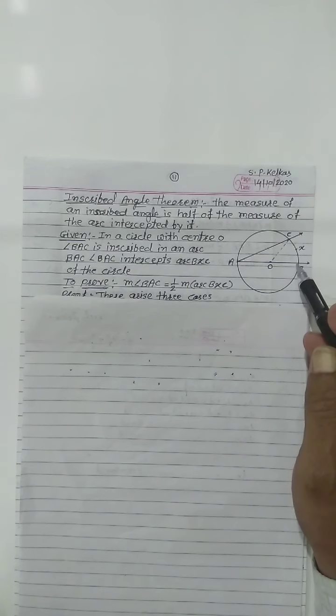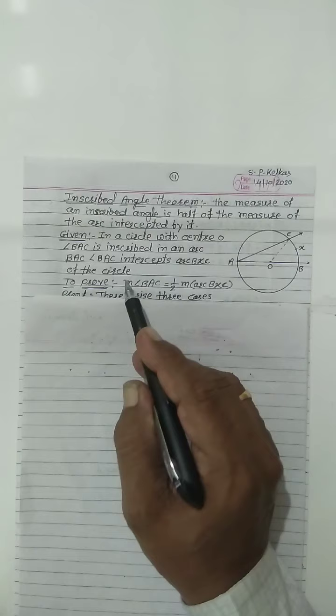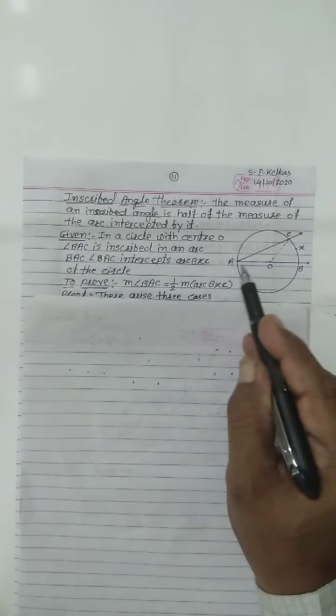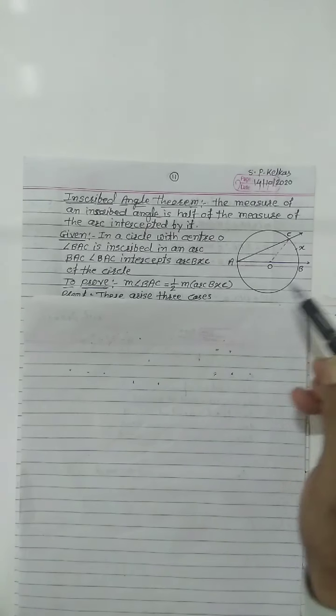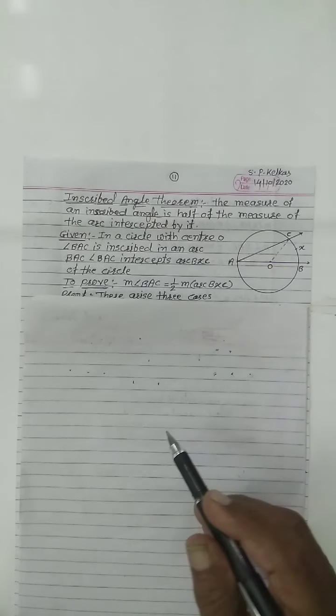This arc is intercepted by this angle BAC of the circle. To prove that the measure of angle BAC is equal to 1 by 2 the measure of arc BXC.